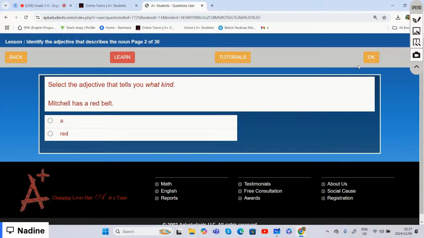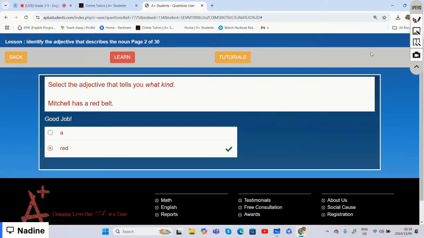All right. And if we were to choose the correct option, then yes, we will choose option two because it tells us what kind of belt he has. And that is a red belt.